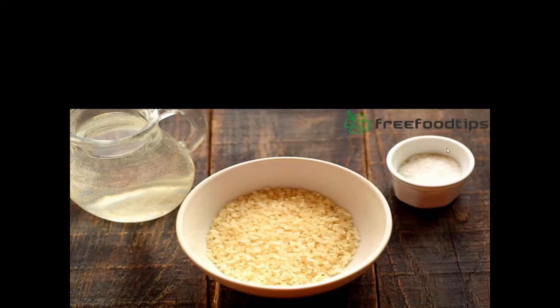Can you see what are the materials I have taken here? Rice in the bowl and salt here and water. Can you guess what I can prepare using this? Yes, I can prepare boiled rice using these three materials.